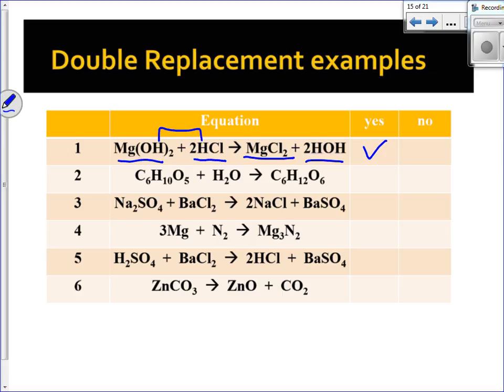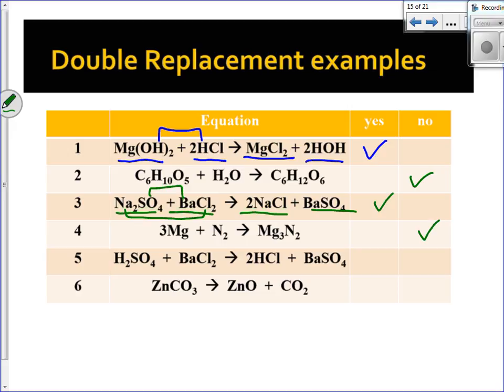How about number 2? No, number 2 is a type of synthesis. Good. How about number 3? Yes, compound, compound, compound, compound. Sulfate's now going with barium, and sodium's now going with chlorine, so it is definitely a yes. How about number 4?